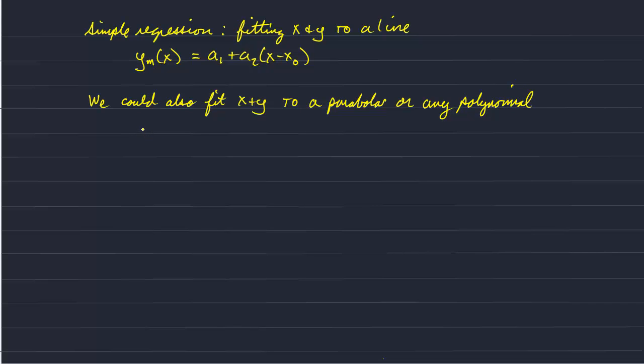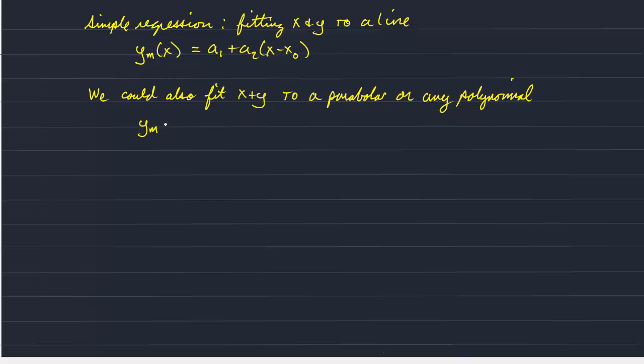And I'll write that model equation as a1 plus a2x plus a3x squared all the way up to am x raised to the m power. In this example, I've just set the reference value of x, which is x0 in our simple regression, to 0. So this is a polynomial which could do as well or better a job, perhaps in some cases, of fitting our data for y as a function of x.